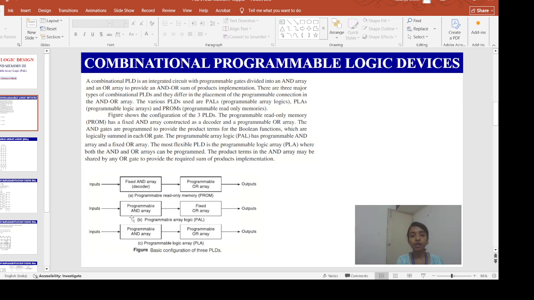The programmable array logic has a programmable AND array and a fixed OR array. The most flexible PLD is the programmable logic array, or PLA, where both AND and OR arrays can be programmed. The product terms in the AND array may be shared by any OR gate to provide the required sum of products implementation.